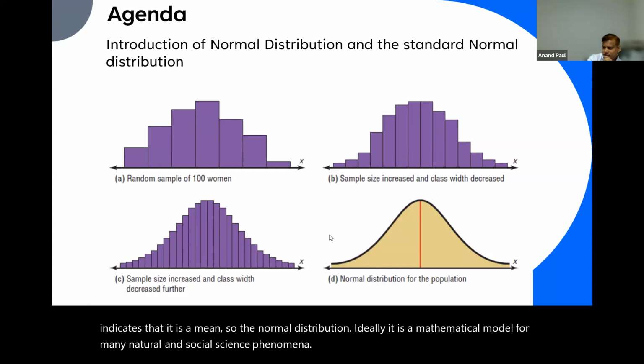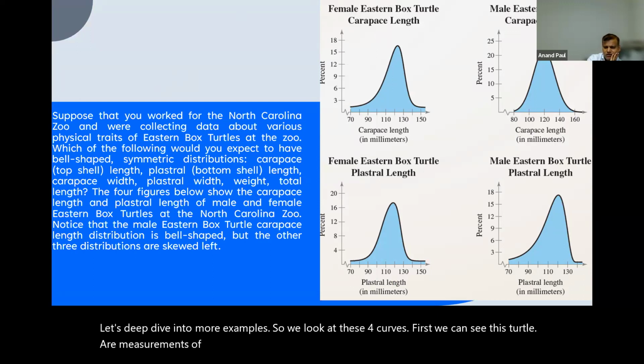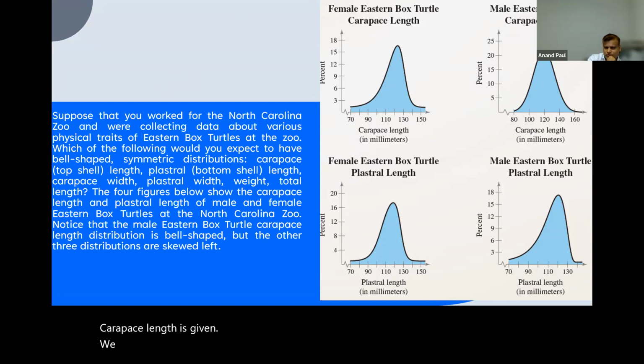Let's deep dive into more examples. We look at these four curves. First, we can see the measurements of the female eastern box turtle. Carapace length is given. We can see this histogram is smoothed into a curve and shows how the carapace length is clustered around the center value.